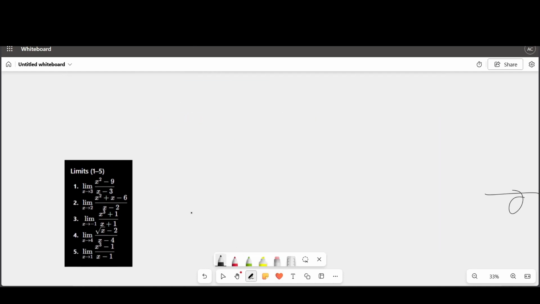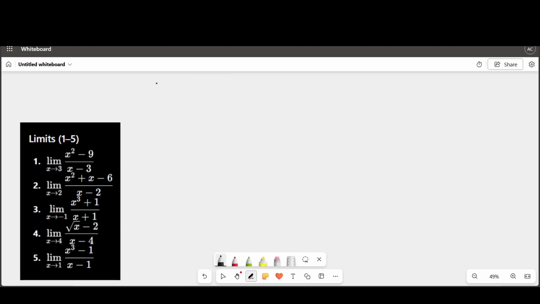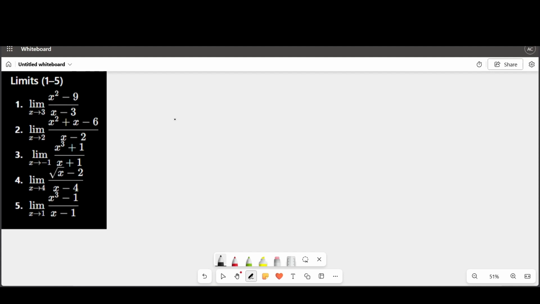Okay, so the difference of squares method is basically just multiplying by the conjugate of the numerator. Okay, so let's just start. Let's first draw out the fraction sign over here.